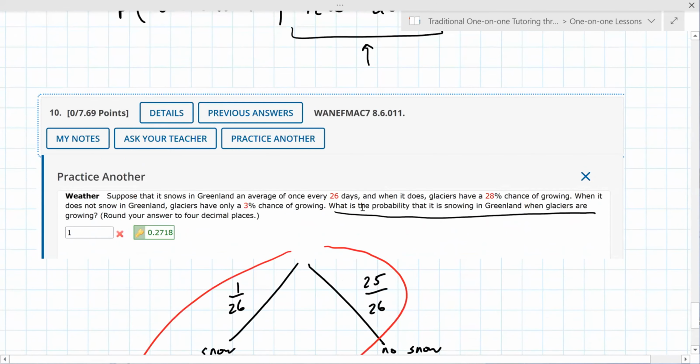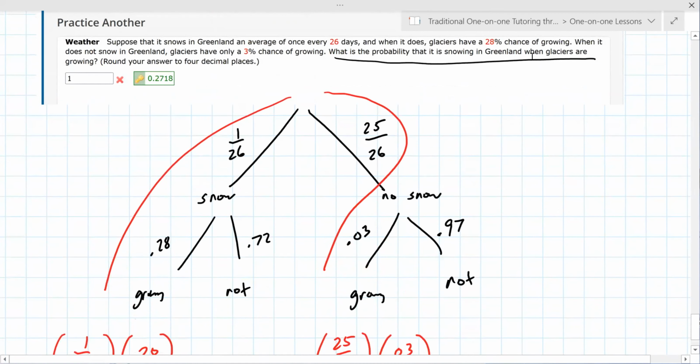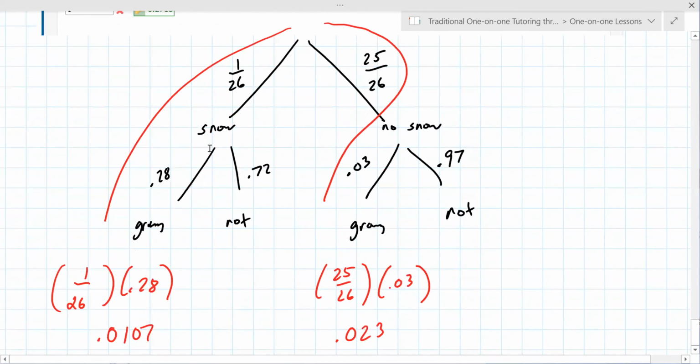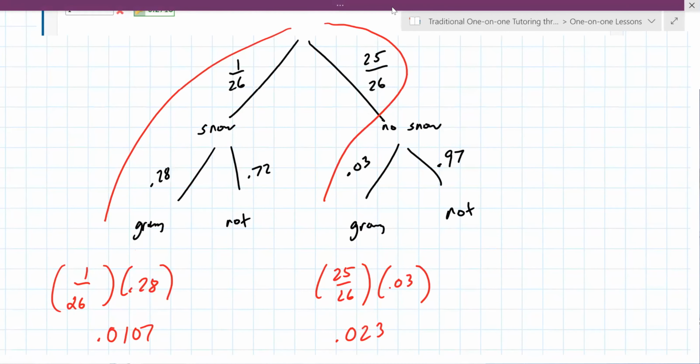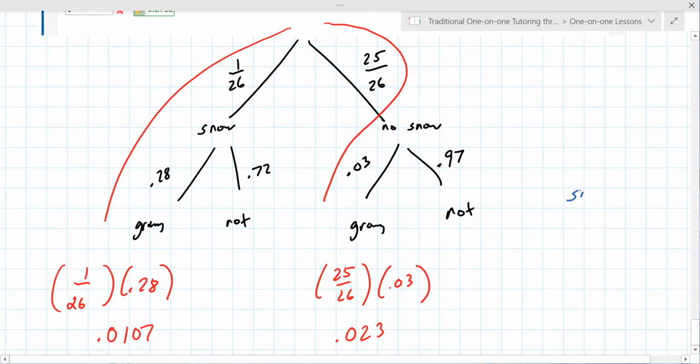Now let's look at the question one more time. What is the probability that it is snowing in Greenland when glaciers are growing? Which path is the snow path? It's the one on the left. So the snow path is over the snow plus no snow paths.